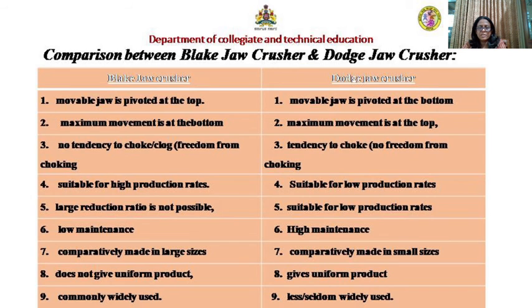For the Dodge jaw crusher, the maximum movement will be at the top since the bottom end of the movable jaw is fixed. Due to this reason, the Blake jaw crusher does not have a choking problem. That is, the opening won't get blocked due to maximum freedom of the jaw at the bottom, whereas this tendency to choke is present in the case of the Dodge jaw crusher.